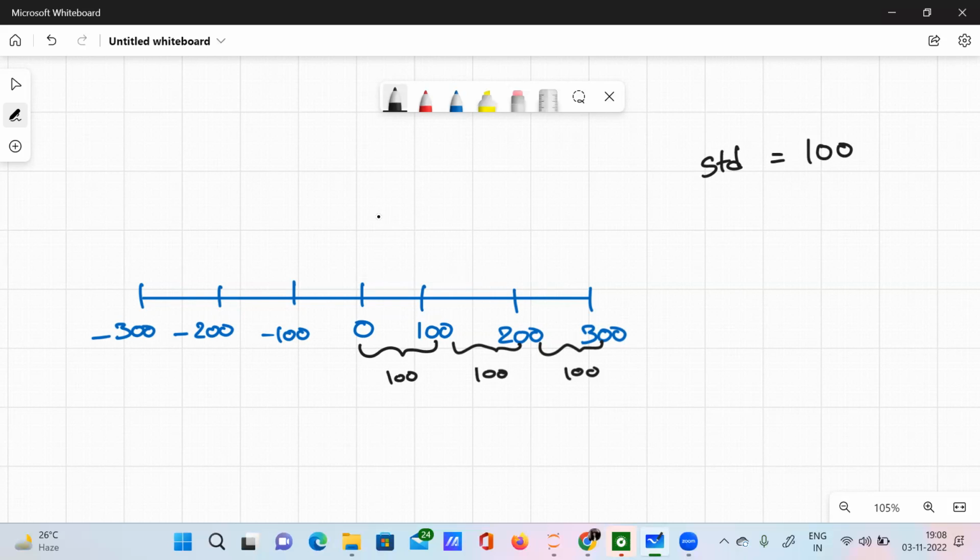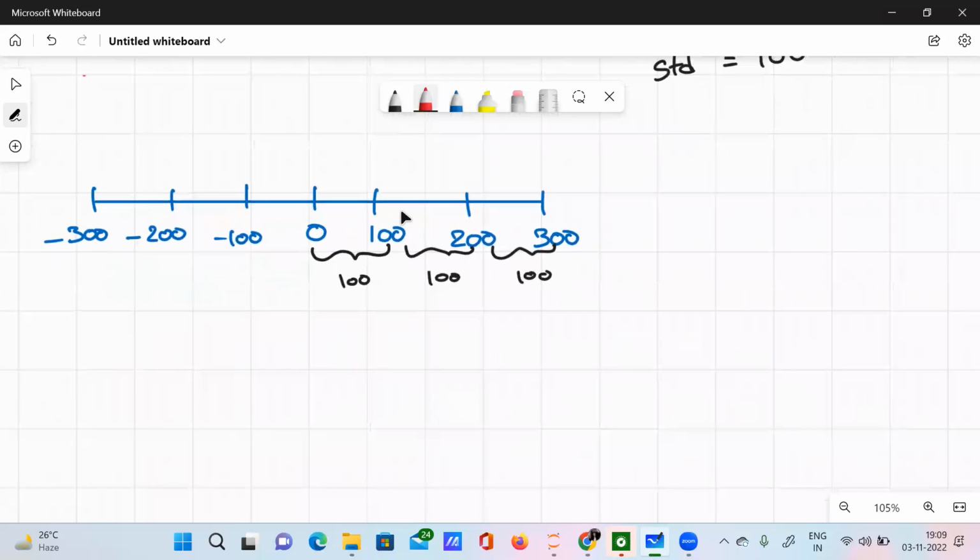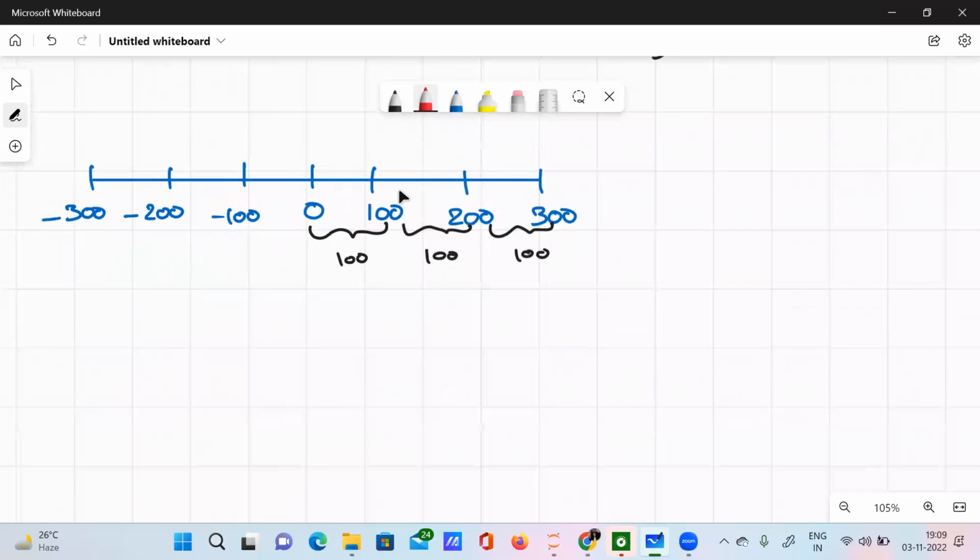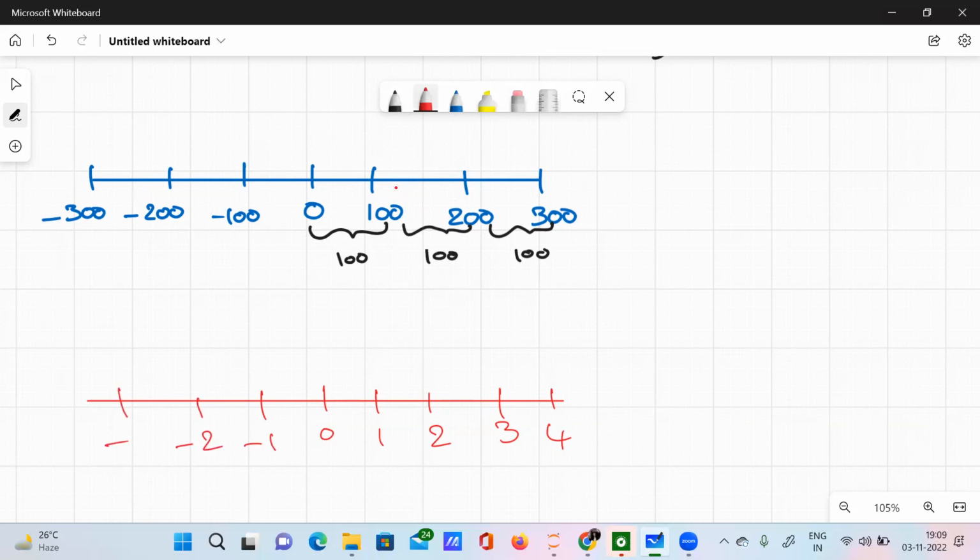Just remember this particular thing here. Now if I draw another axis, and on this axis I have 0, and then 1, 2, 3, and 4, and minus 1, minus 2, minus 3 here.